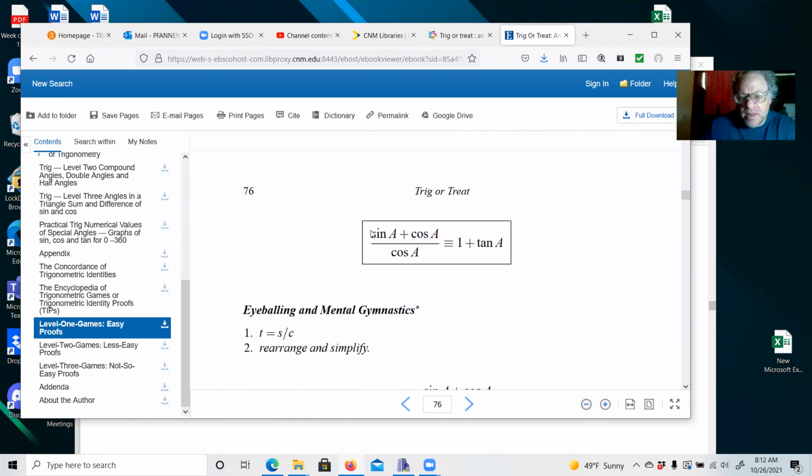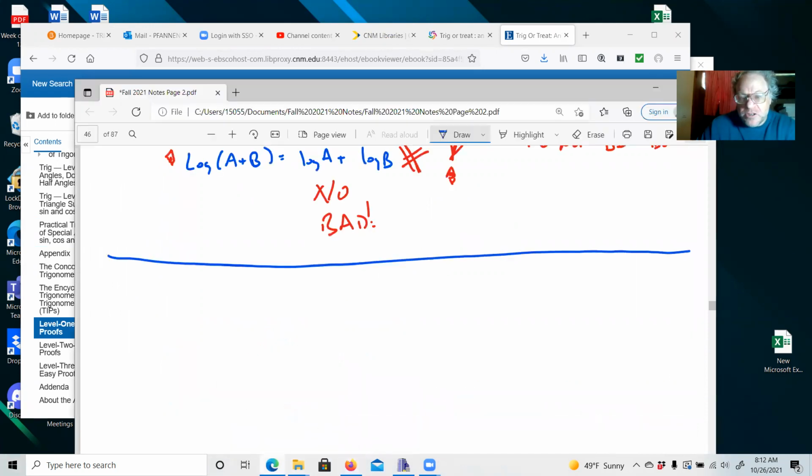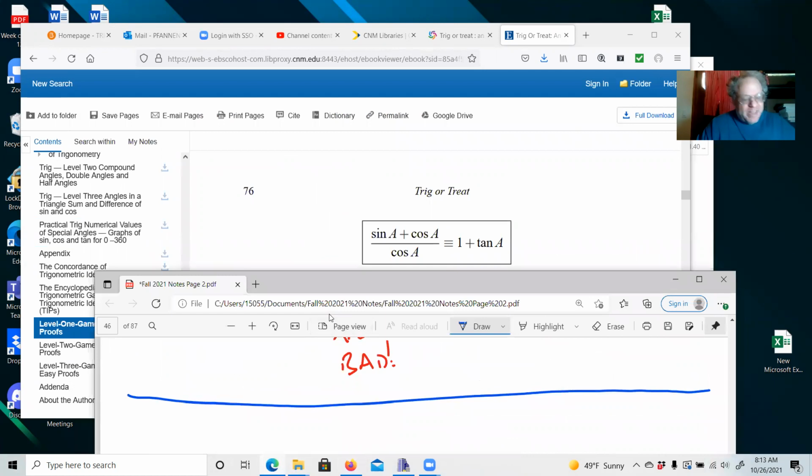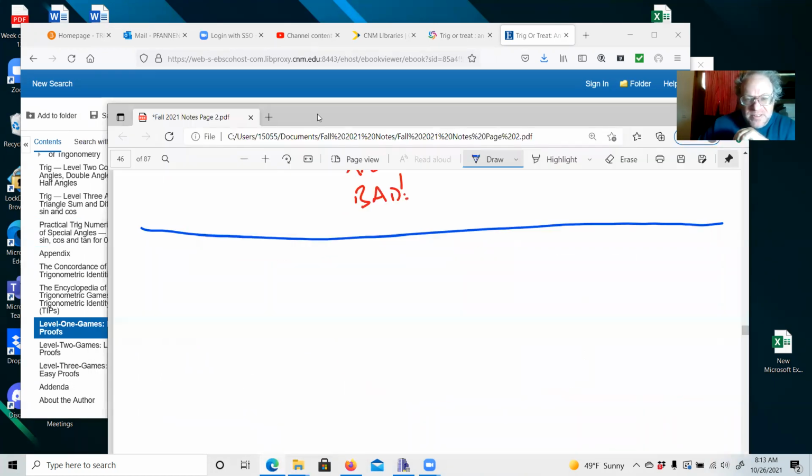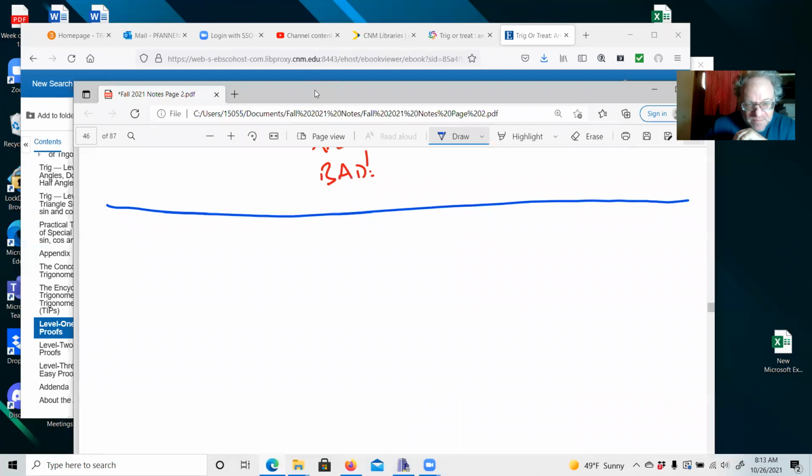Things you might want to look at: we know that tangent is sine over cosine, and there's a whole bunch of sines over cosines here. When you are doing your trig identities, this is the kind of thing I want to see. The book was the least worst of all options. So we have sine A.